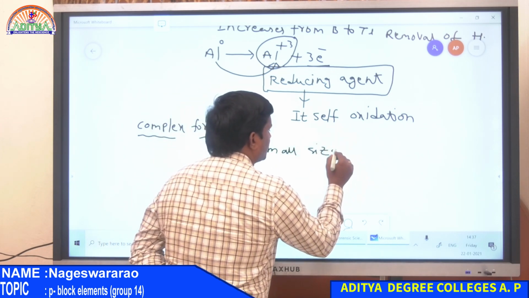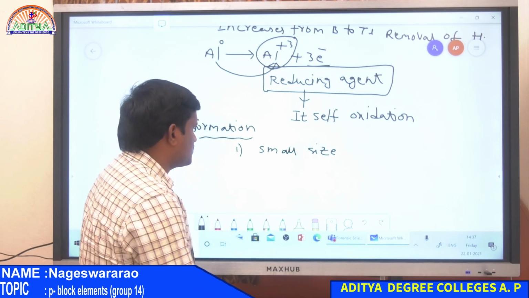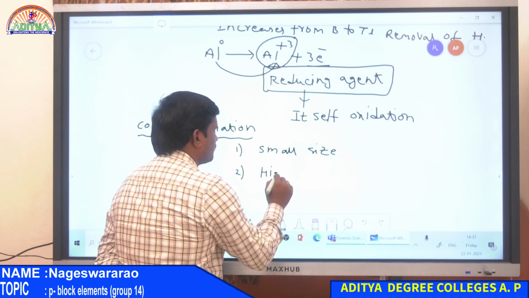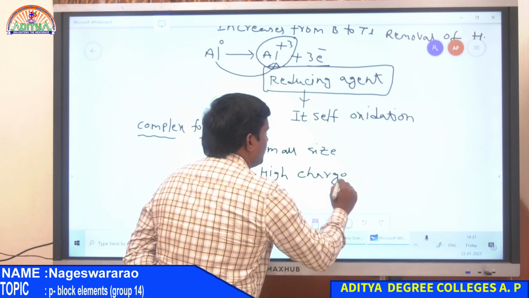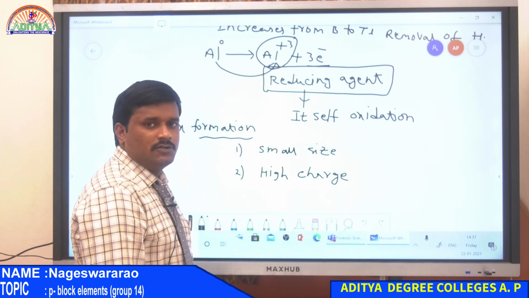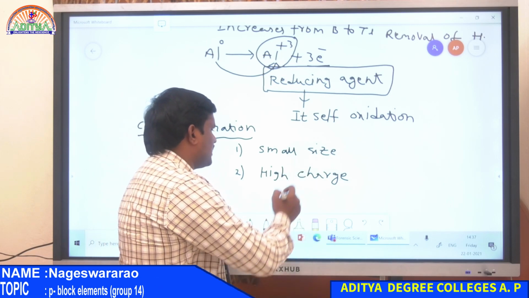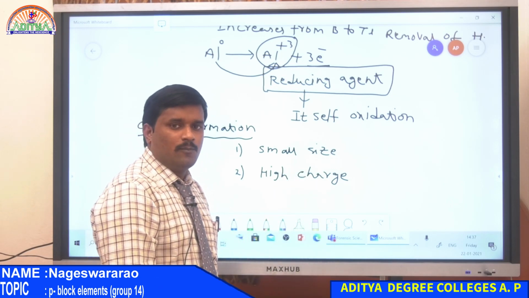This is the character of an element that easily undergoes complex formation, that is small size. And the second one is high charge. So, these are the required parameters for an element to form a complex. If the element is small in size and also has high charge, then it easily forms a complex.